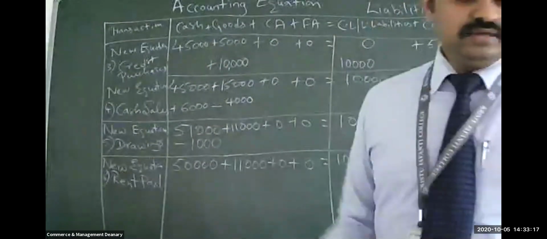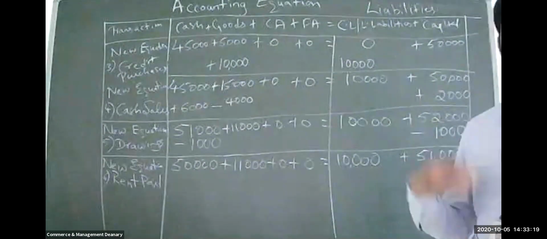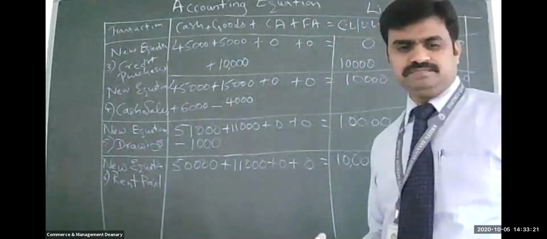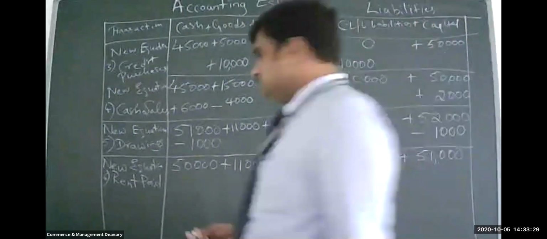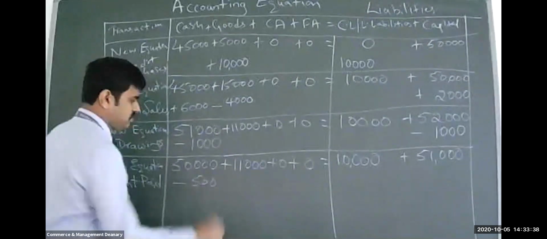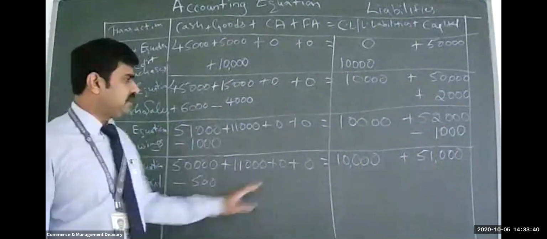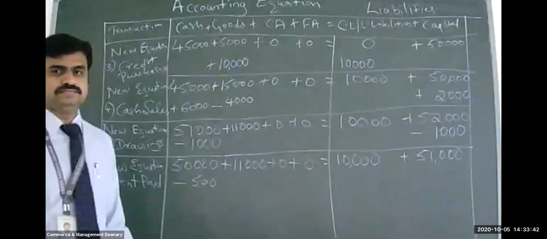So what is going out? Cash is going out, 500, because you are paying through cash. So minus from cash. How much? Minus 500. Then how will you make it equal on both the sides?